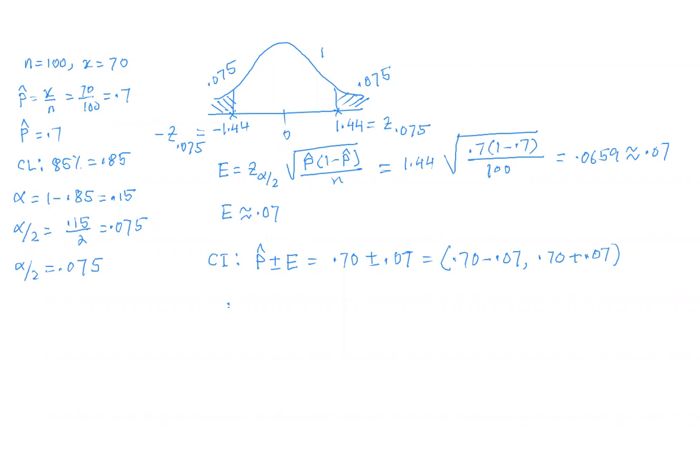If you simplify it, it is going to be 0.63, comma 0.77, which is between 63% and 77%. That's between 63% and 77%.